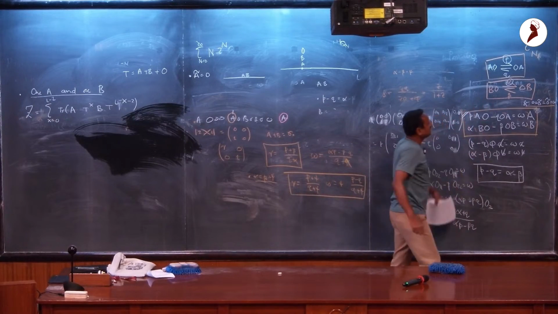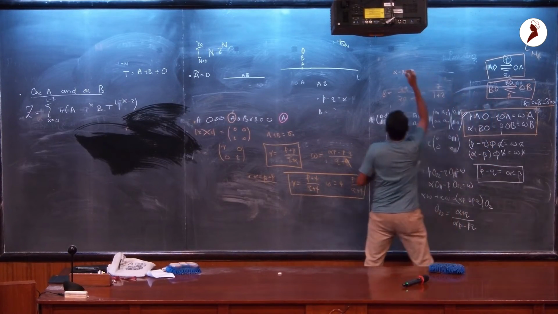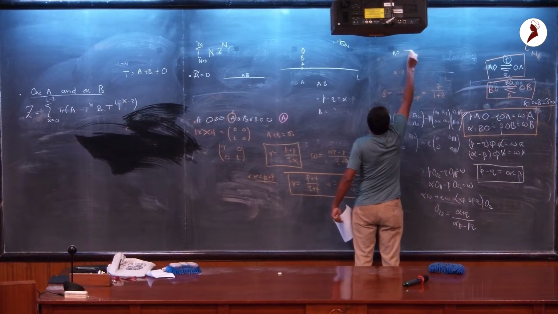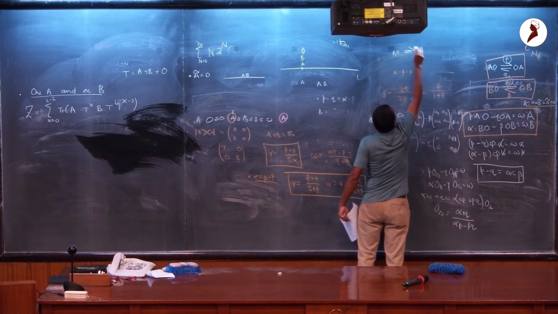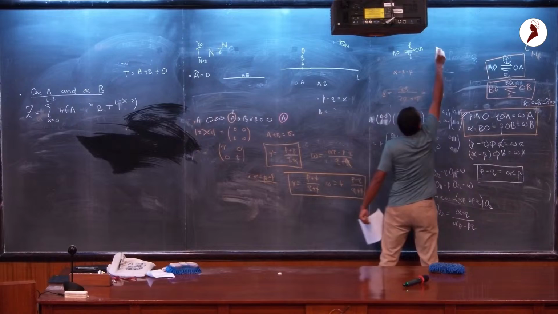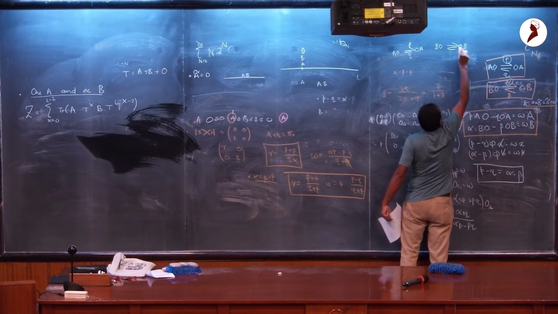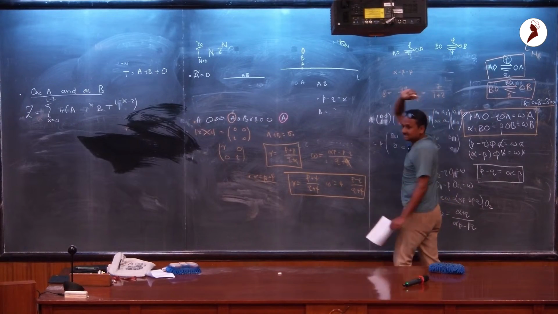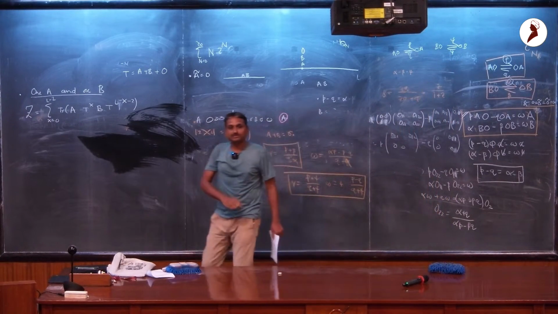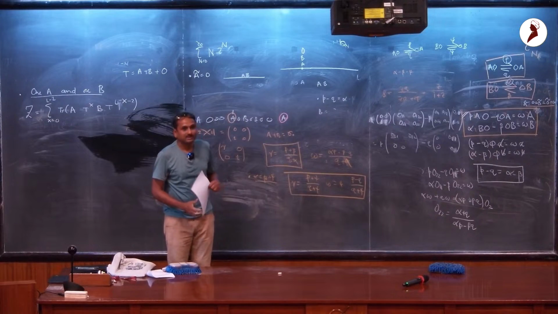So your problem is now A0 going to 0A with rates P and Q, and B0 going to 0B with psi and psi. These are the rates, right? So what will be the current in this problem?